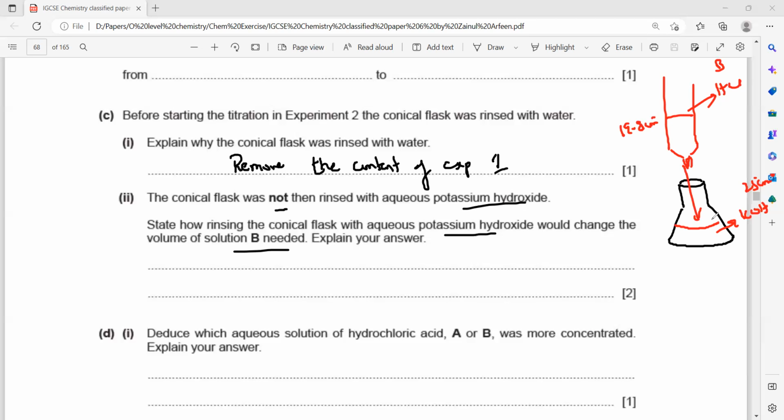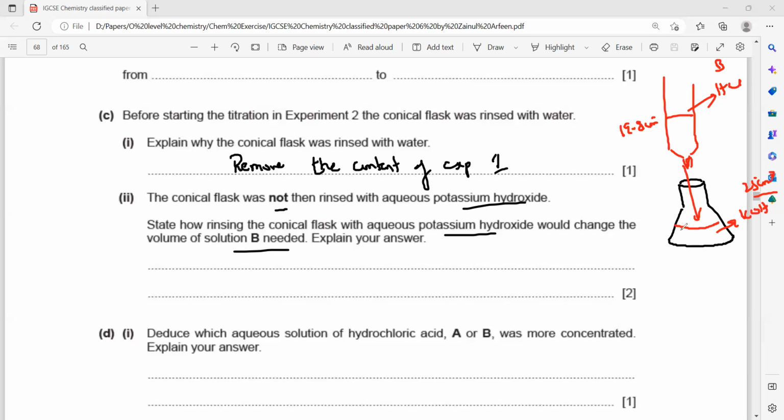But if we rinse this conical flask with potassium hydroxide, the amount of potassium hydroxide will increase.